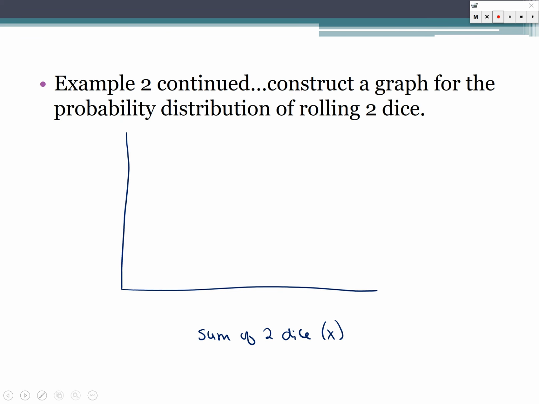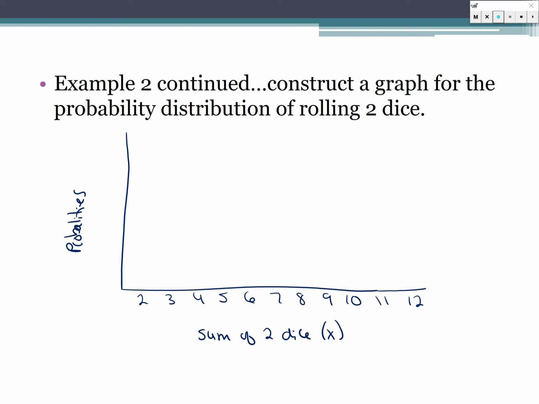Those go on our x-axis. So we would have 2, 3, 4, up to 11, and 12. And then your possible probabilities, those go on your y-axis.